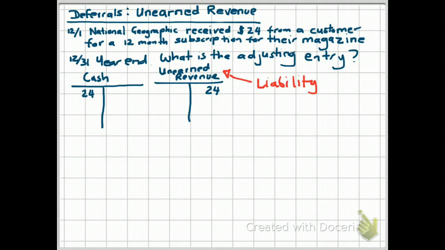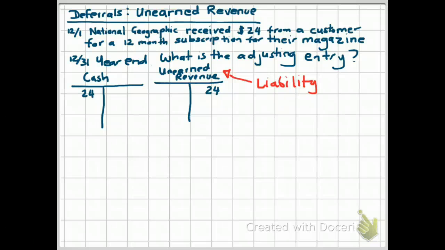It's a debt to the customer until we fulfill our obligation and provide them with 12 months of magazines. That $24 remains a debt. Now, remember that this $24 was for a 12-month subscription, which means 12 issues of a magazine.